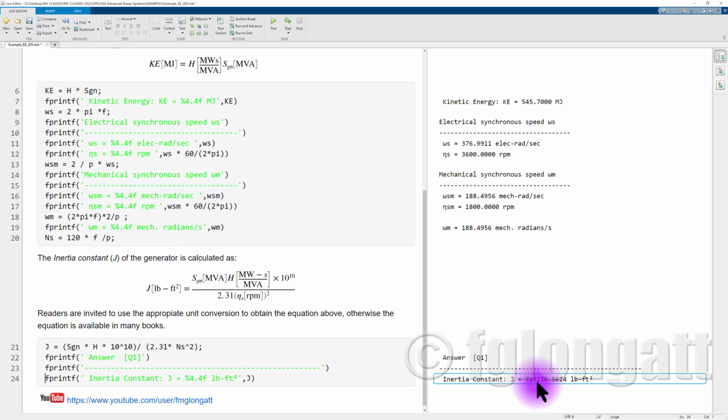Well, when we put the numbers together, we obtain this magical inertia constant J. In this case it is 729,116.5 pounds per square feet. This is the result. This is the inertia constant J, and this is the end of this video.